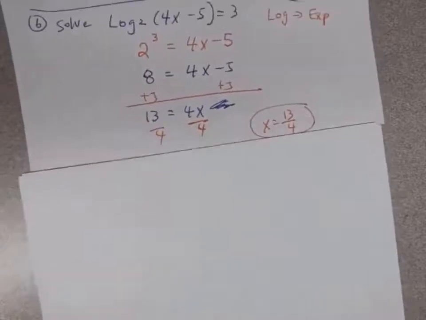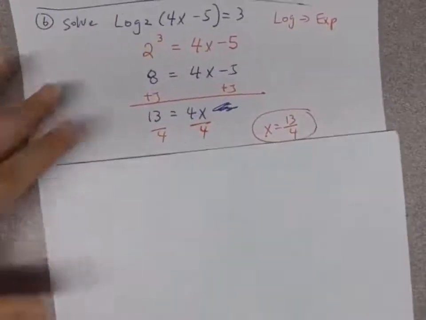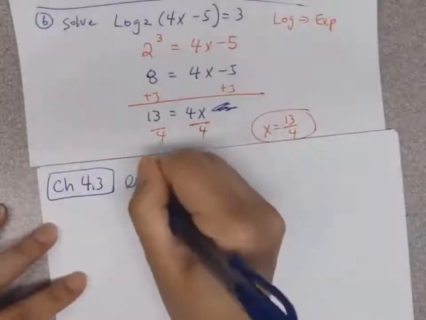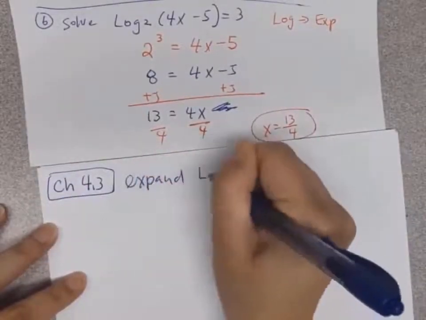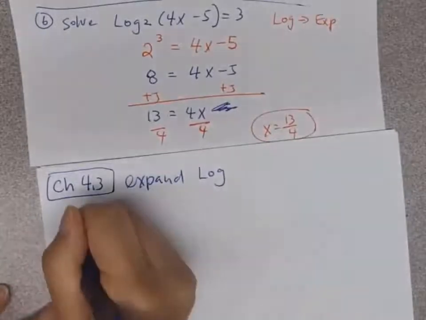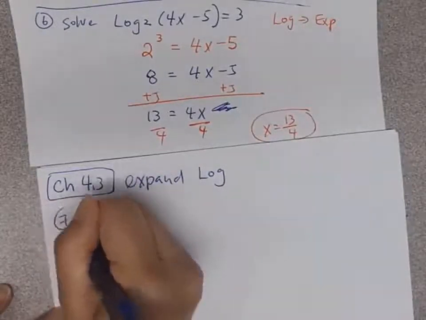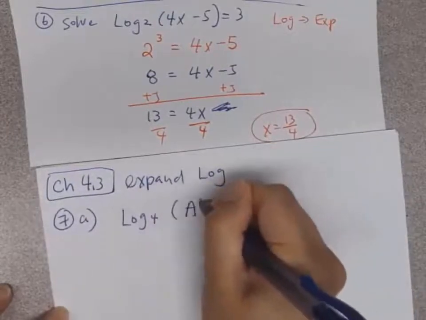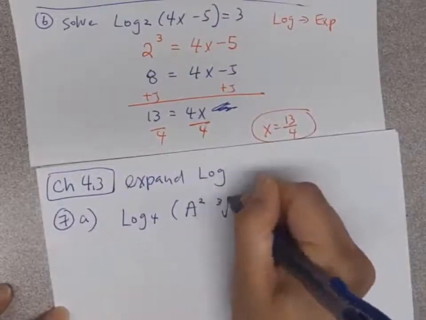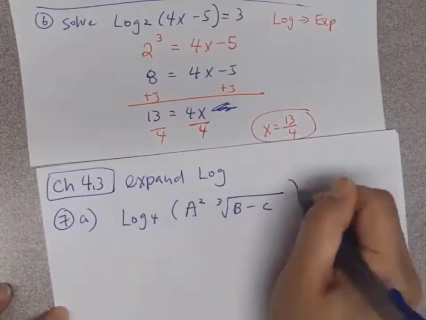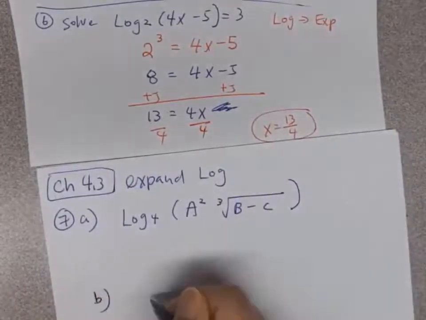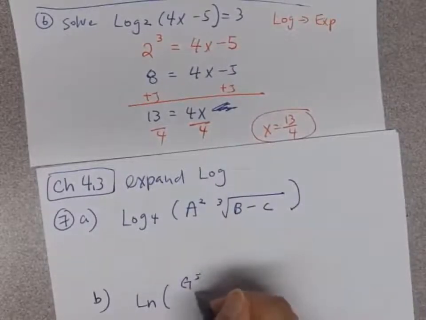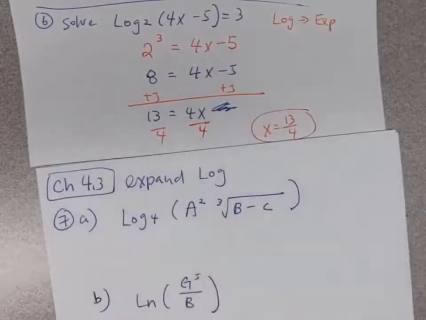Okay, the next part, they're going to do the expanding of the log from 4.3. So one of them says log base 4 of a squared cube root of b minus c. And the other one says ln of g to the 5th power divided by b.